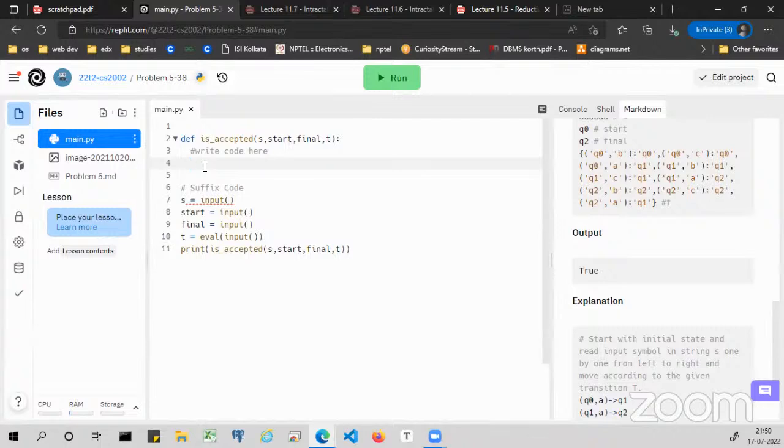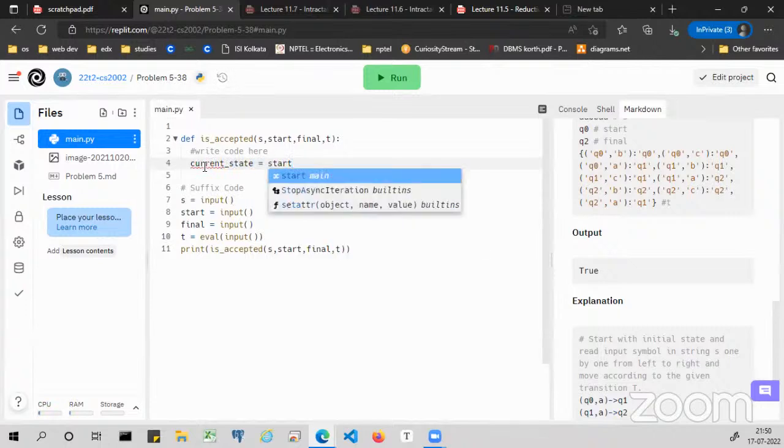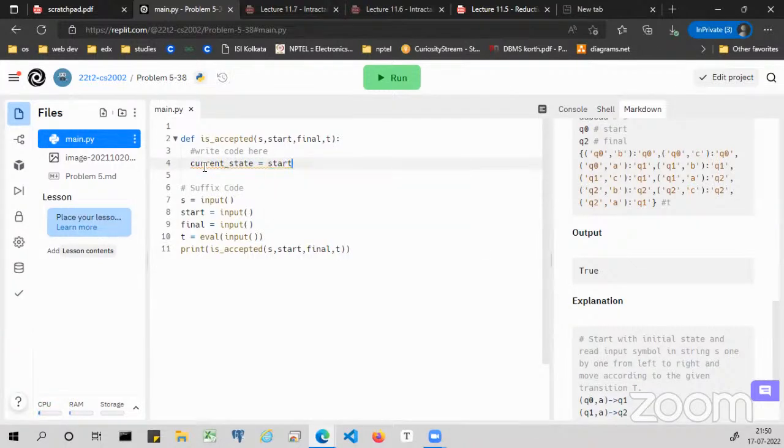Fine, so let's do that. Let's say I have to start from the starting state, the one which is given to me. So I would say current state equals start.